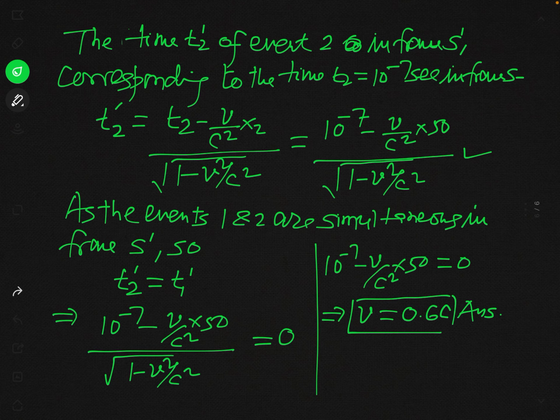Now, in the second part of our problem, it has been asked what is the spatial separation between the 2 points where the events take place. As you have seen, the spatial separation measured in frame S is 50 meter, and now we have to measure the same spatial separation with respect to frame S prime, which is a moving frame. So we will simply apply the length contraction formula.